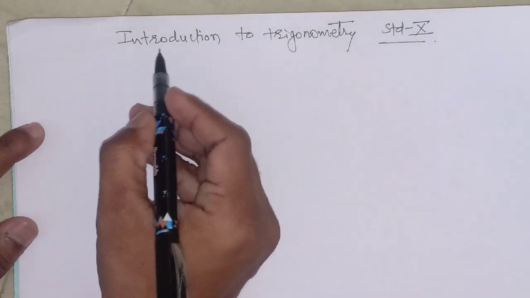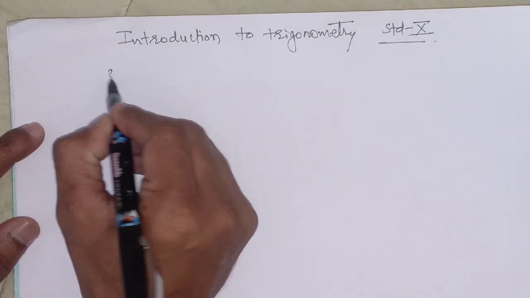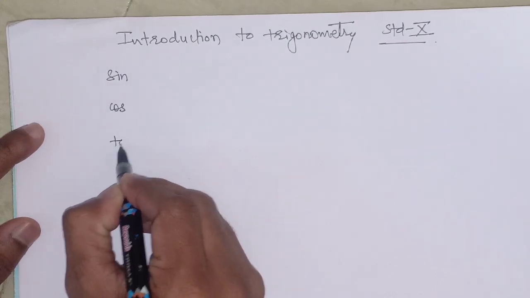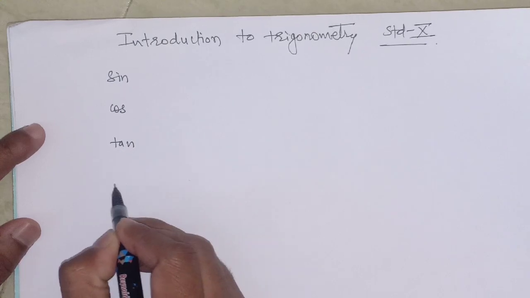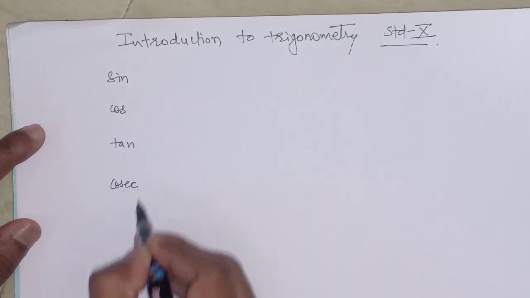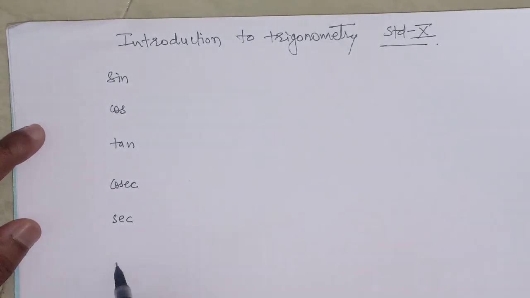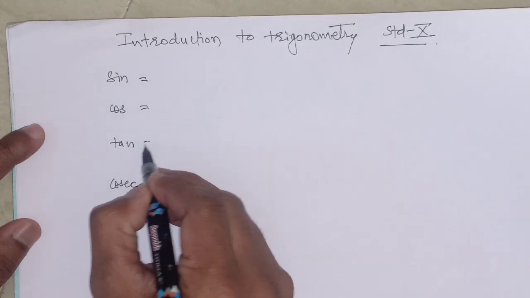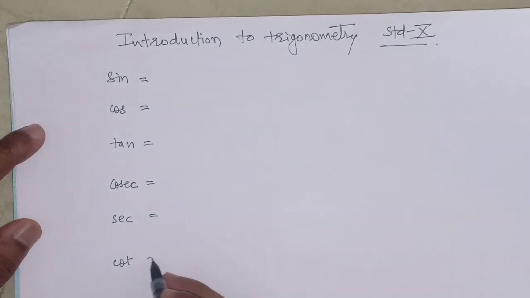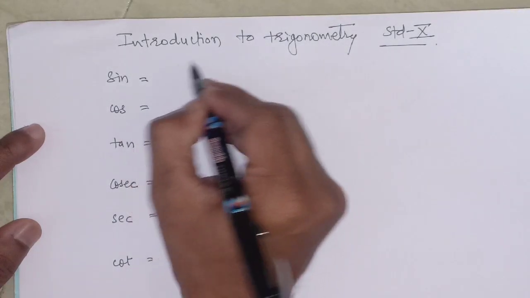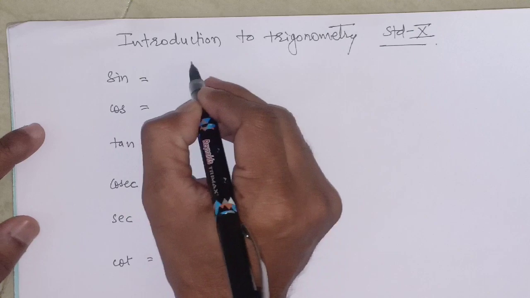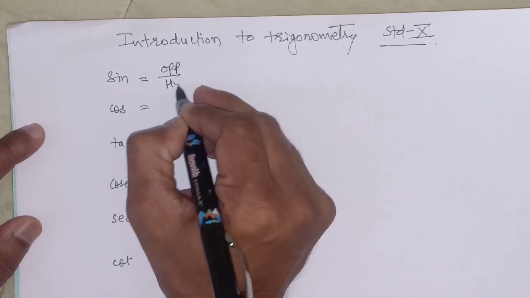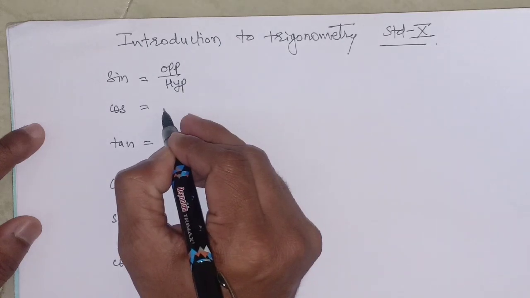Now, as we know, the six ratios are sine, cos, tan, cosec, sec and cot. Now we know that sine theta, or sine ratio, is opposite side upon hypotenuse.